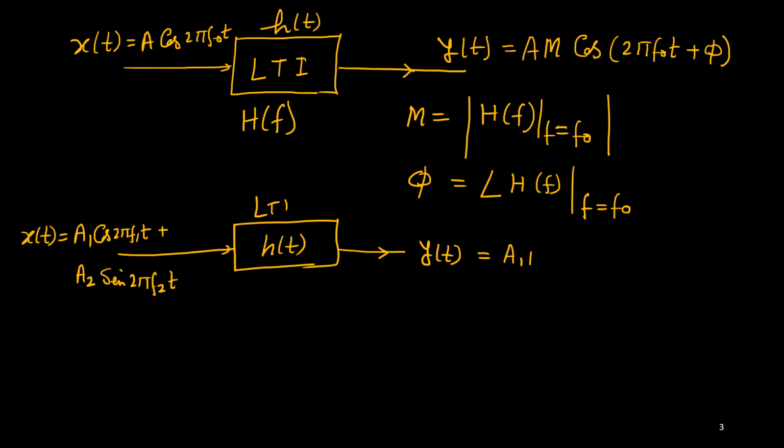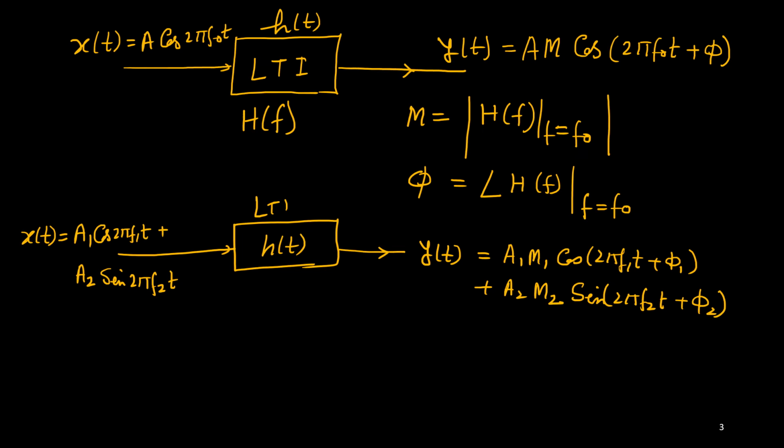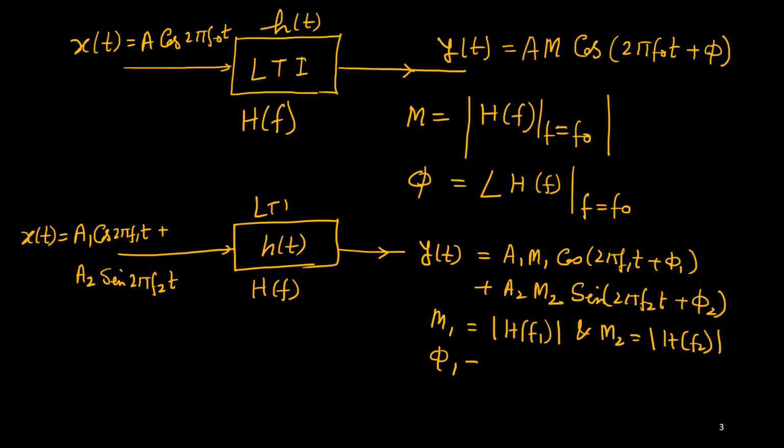It will be A1 M1 cos(2 pi f1 t plus phi 1) plus A2 M2 sine, which will remain sine, (2 pi f2 t plus phi 2), where you know that if this is H(f), then M1 is basically the magnitude of H(f1) and M2 is the magnitude of H(f2), and phi 1 is the angle of H(f1) and phi 2 is the angle of H(f2), right?